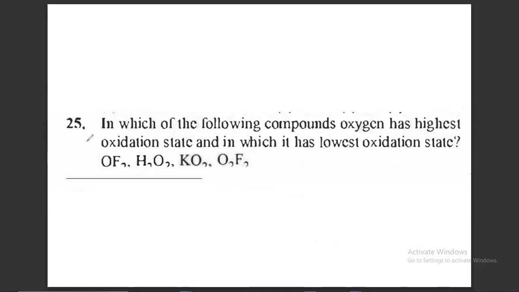In which of the following compounds does oxygen have the highest oxidation state and in which does it have the lowest oxidation state? So we are given oxygen difluoride, peroxide, hydroxide, potassium oxide, dioxygen difluoride. The oxidation number of oxygen in OF2 would be plus 2, in potassium oxide it would be minus 1 by 2, and in the case of dioxygen difluoride it would be minus 1.